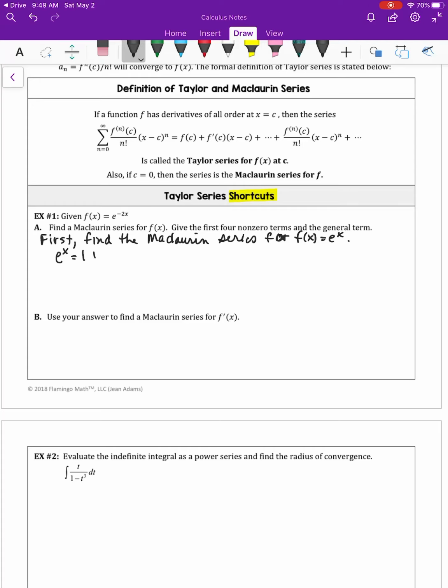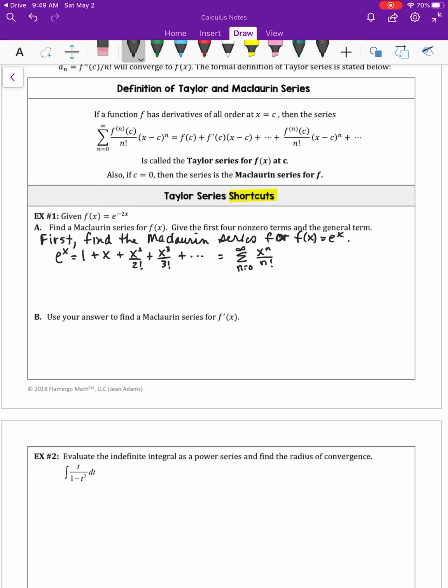Now, that's something that I kind of wanted you to remember, but if you don't, try to think about it: first you have e to the 0, then you have e to the 0 times x divided by 1 factorial, then you have e to the 0 times x squared divided by 2 factorial. So it's pretty easy to produce this one, and you'll see that this is equivalent to the summation n equals 0 to infinity of x to the n over n factorial.